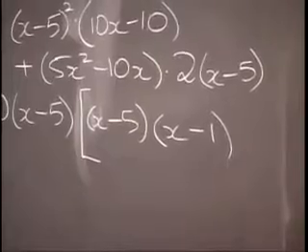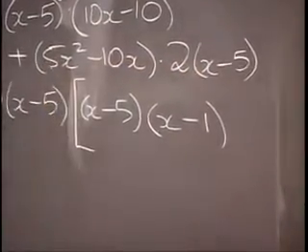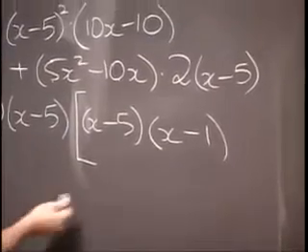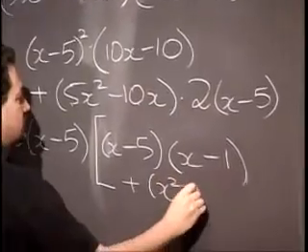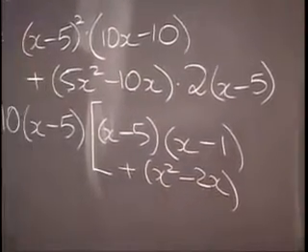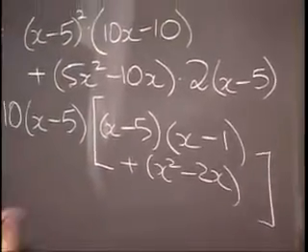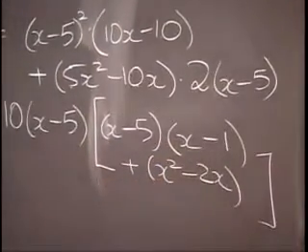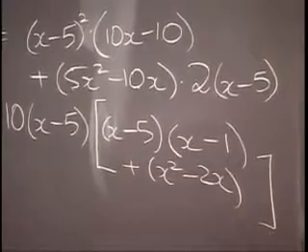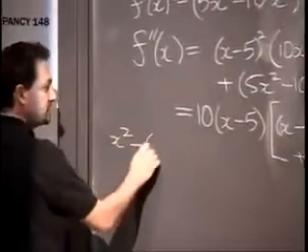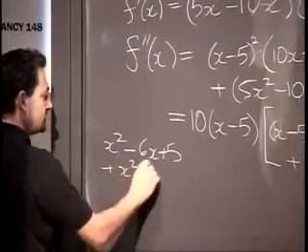Whereas the second factor, that x minus 5, the 2 and the 5 I'm cunningly taking out as a 10, and you'll find you simply get x squared minus 2x. And then you just have to expand all this mess inside here. We're going to get 2x squared there. Well, let's just do it. x squared minus 6x plus 5 plus x squared minus 2x.